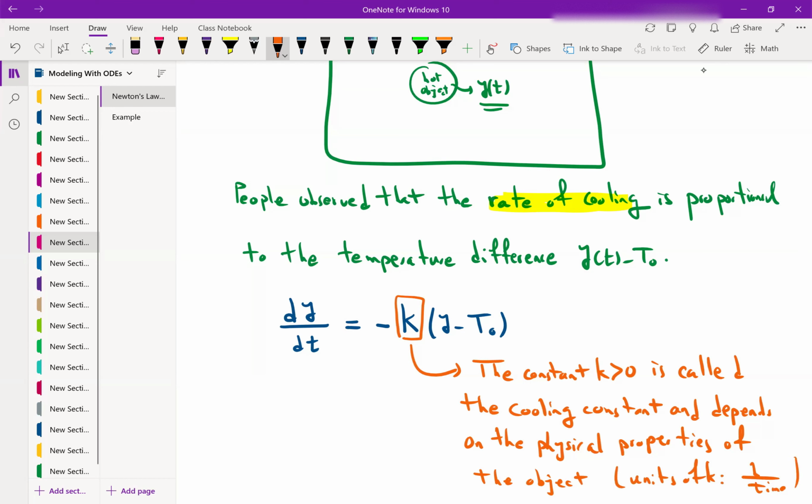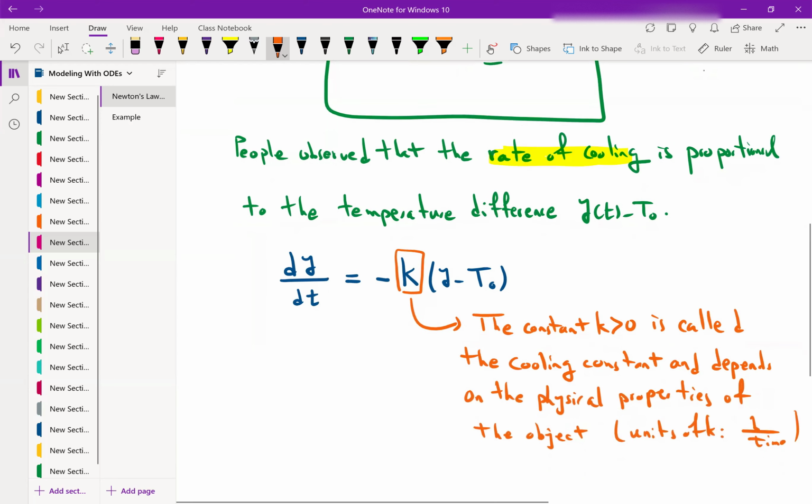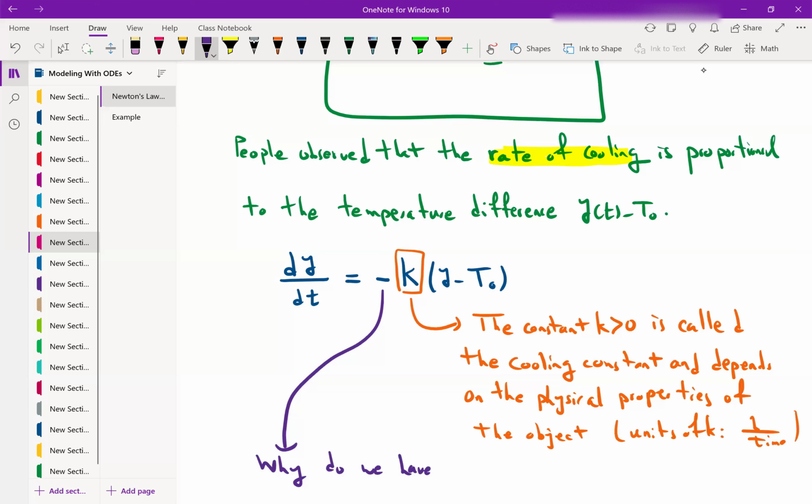Okay. Now, let me also explain why I had this negative sign. My claim is that this constant of proportionality must be a negative number. Let me give you a little bit of explanation about that. Why do we have a negative sign?